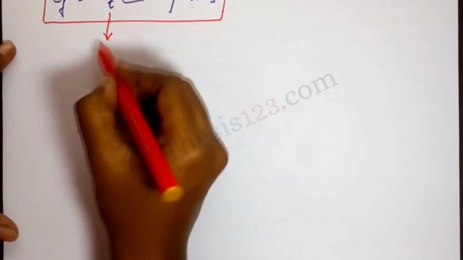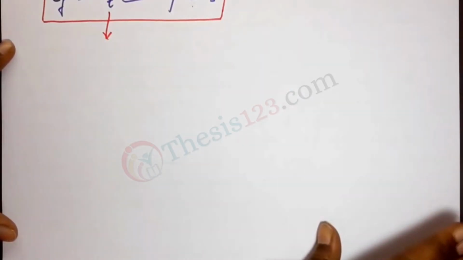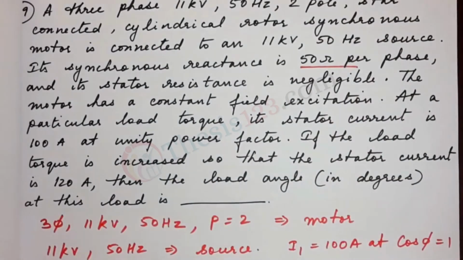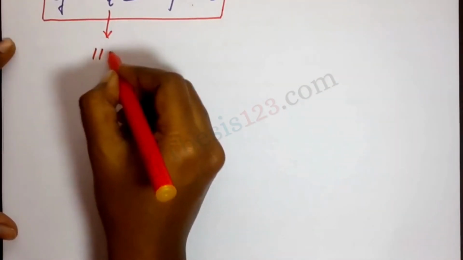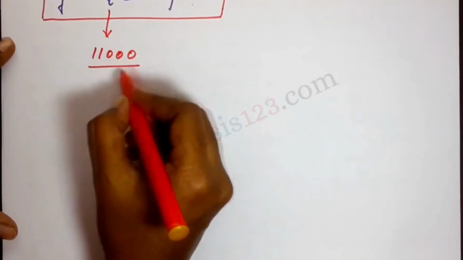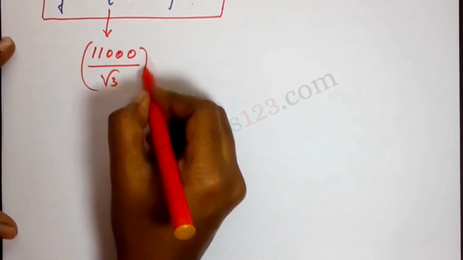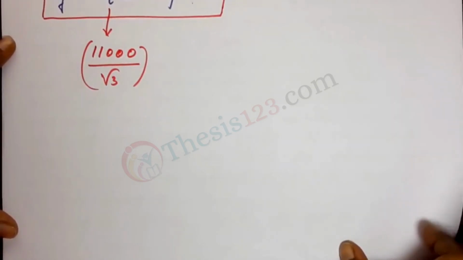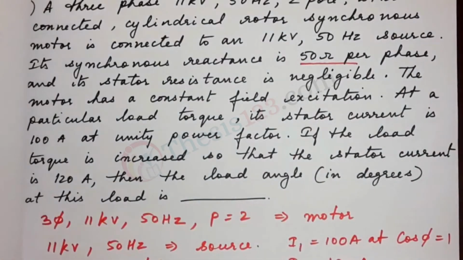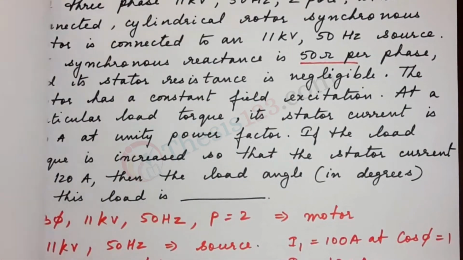So VT is given to us in the question as, look at the source there, it's 11 kV. 11,000 divided by root 3. Why is it divided by root 3? Because we want it in terms of per phase. Now here the synchronous reactance is given as 50 ohms per phase.